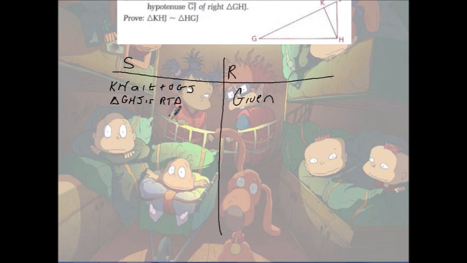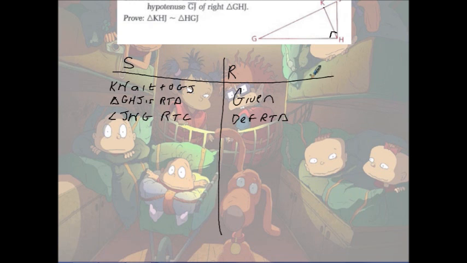Alright, here we go. If we know that we have a right triangle, where my right angle is going to be is across from that hypotenuse. If my hypotenuse is going to be GJ, that means that angle JHG is a right angle. The reason? Definition of a right triangle. I'm going to go ahead and draw that in. Next, if I have an altitude, I know I'm going to have right angles at their intersection. Here's my intersection.